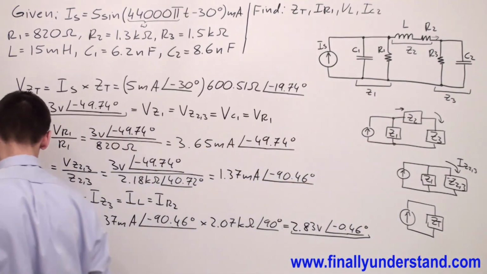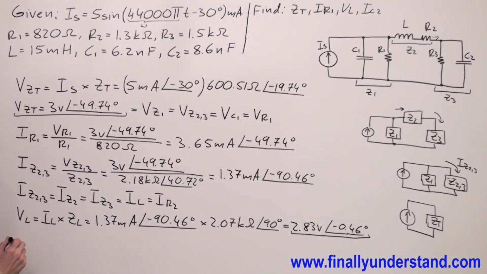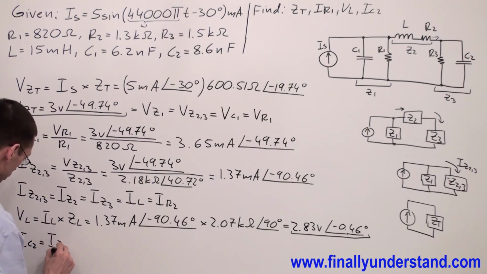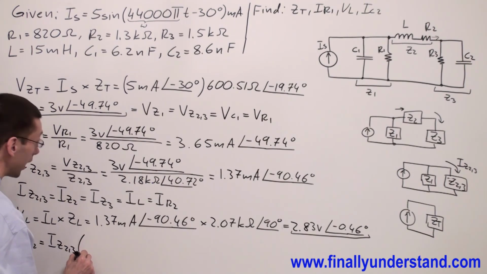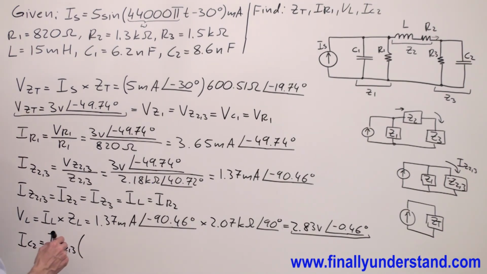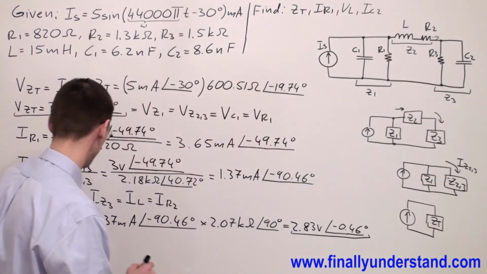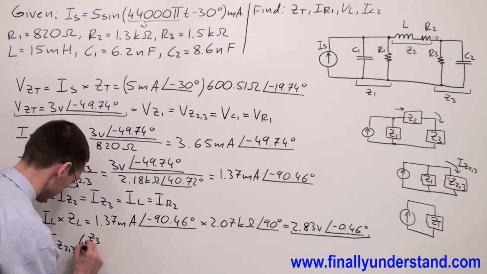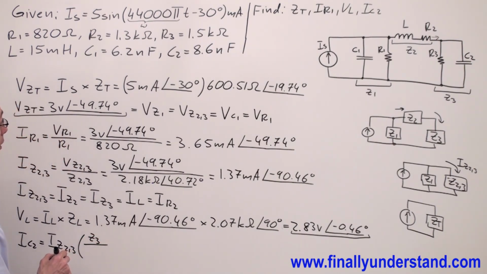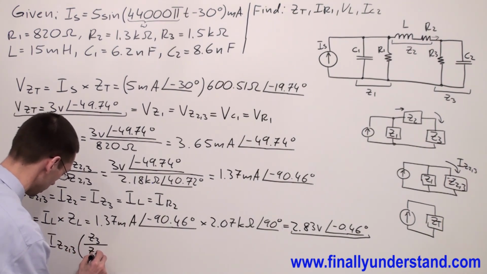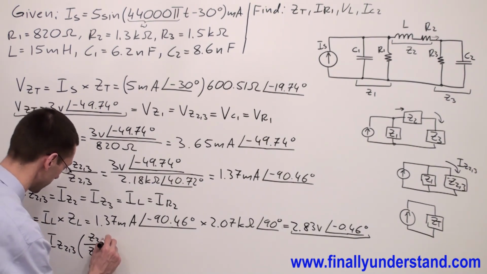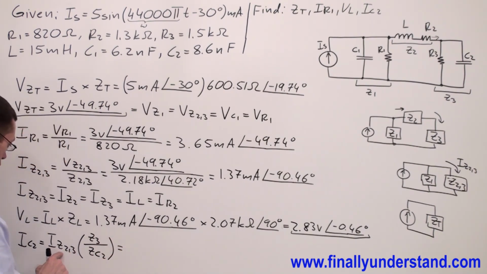Okay, so I'm going to write that IC2 is equal IZ23 times the total impedance of these two components, which is Z3, over the impedance of the capacitor, because I'm looking for the current which goes through the capacitor, so ZC2.